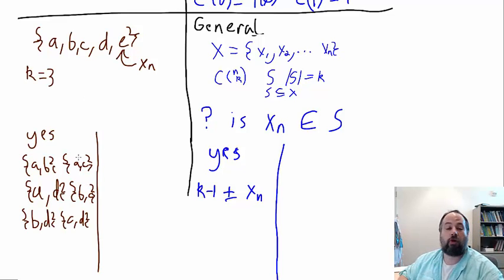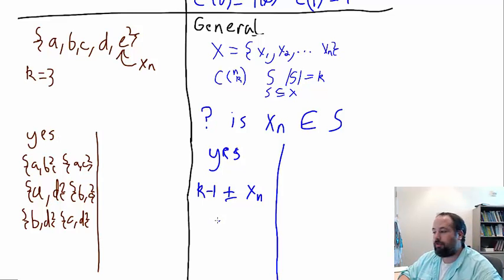Those are all the sets of size k minus 1. In this case k is 3, so 2. They're of size 2, and they do not contain E. So if you add E to any one of those sets, one of them will be S in this situation where the answer to our question is yes, it does contain x sub n, right?